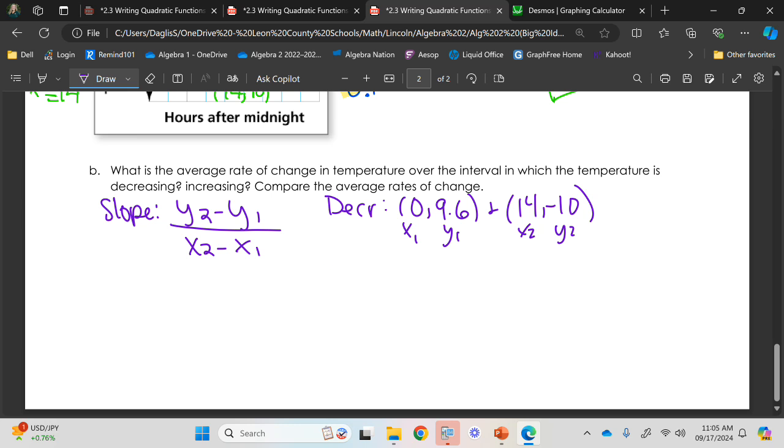All right, so we're going to have negative 10 minus 9.6 divided by 14 minus 0. This will give me negative 19.6 divided by 14. Someone check me. I think it's negative 1.2 or negative 1.4. Which one is it? Negative 1.4, thank you.